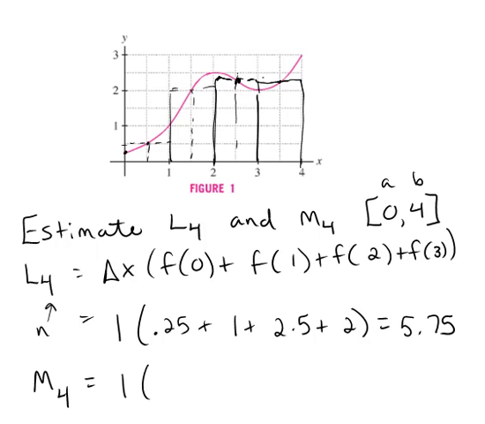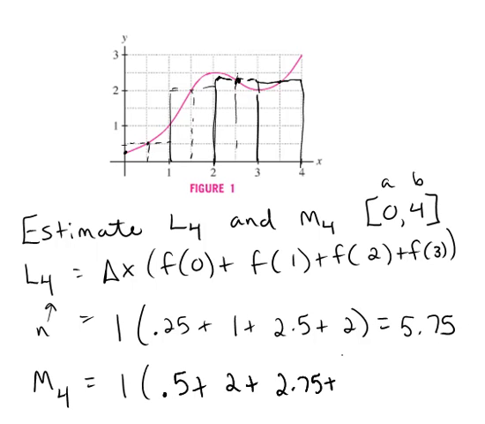Okay, and so let's see. This first one, at about 0.5, it looks like we have a value of 0.5 or so. And the function value at 1.5 is exactly 2. Now the function value at 2.5 looks like it's probably about 2.75 or so.